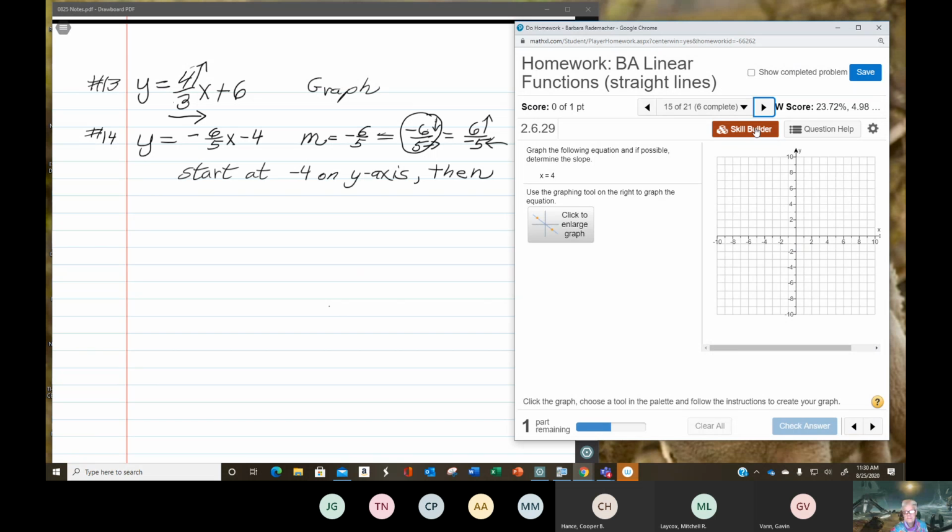This is important. They want us to graph the following equation and, if possible, determine the slope.